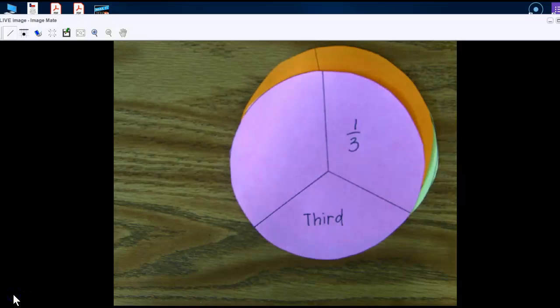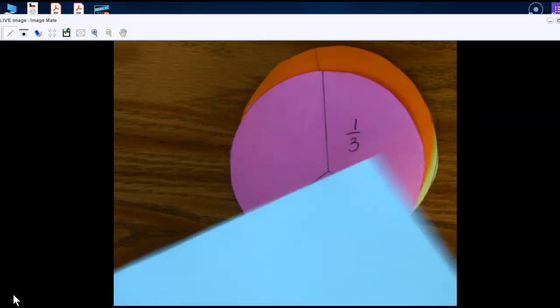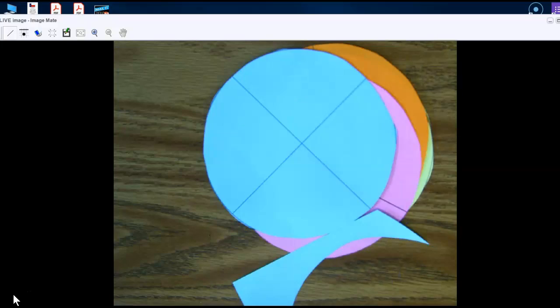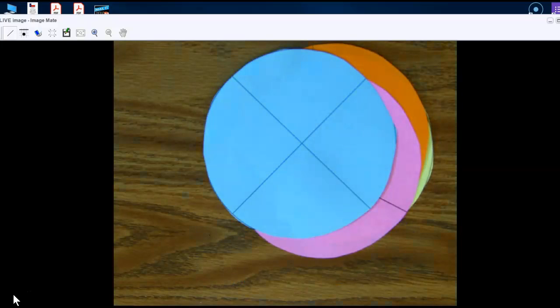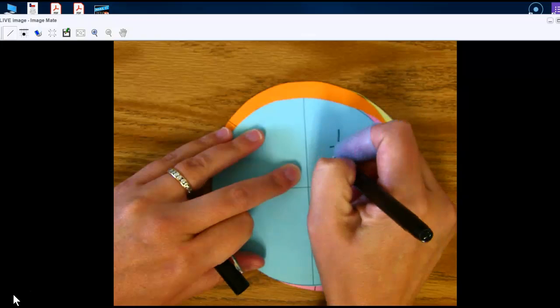We're cutting out the blue one that's in 4s. Okay, waterfall. Now, when we have one of these parts, it's called a 1/4.